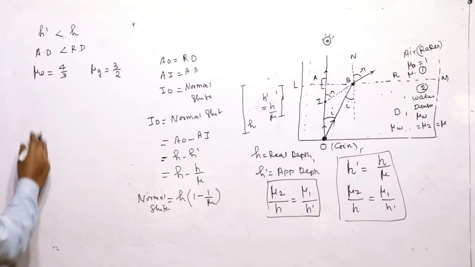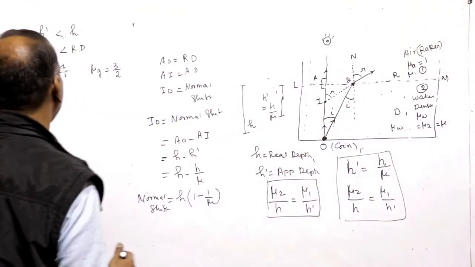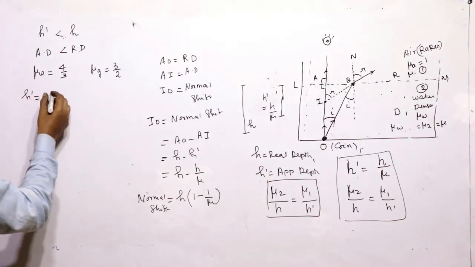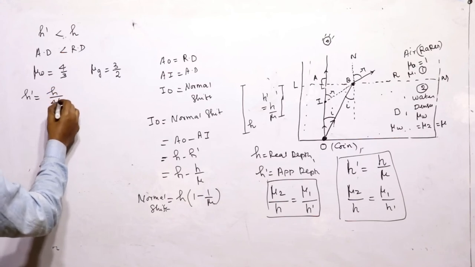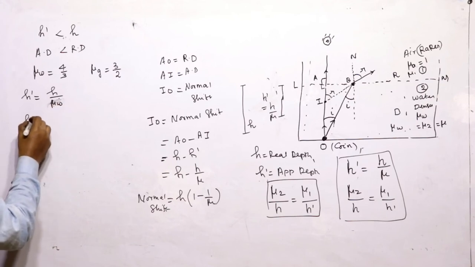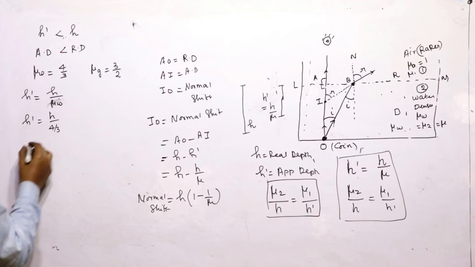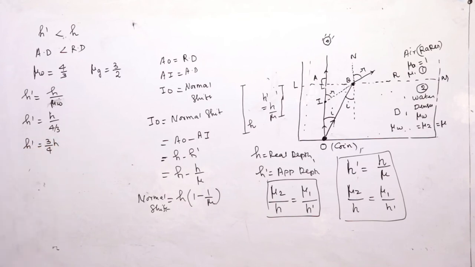If the water is the medium, the apparent depth is equal to real depth divided by refractive index of water. So h dash is equal to h divided by 4 by 3. Therefore h dash is equal to 3/4 of the real depth.